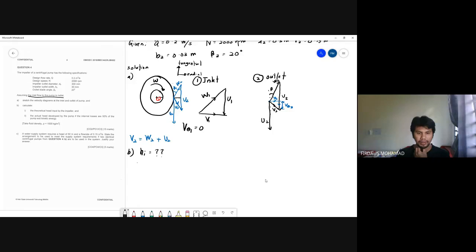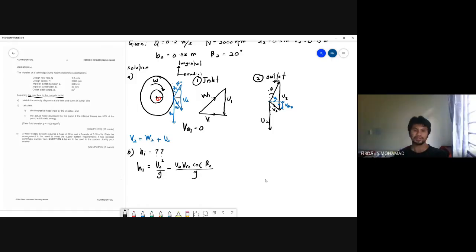Okay, one is H I equal to U2 square over G minus U2 VR2 cot beta 2 divided by G.